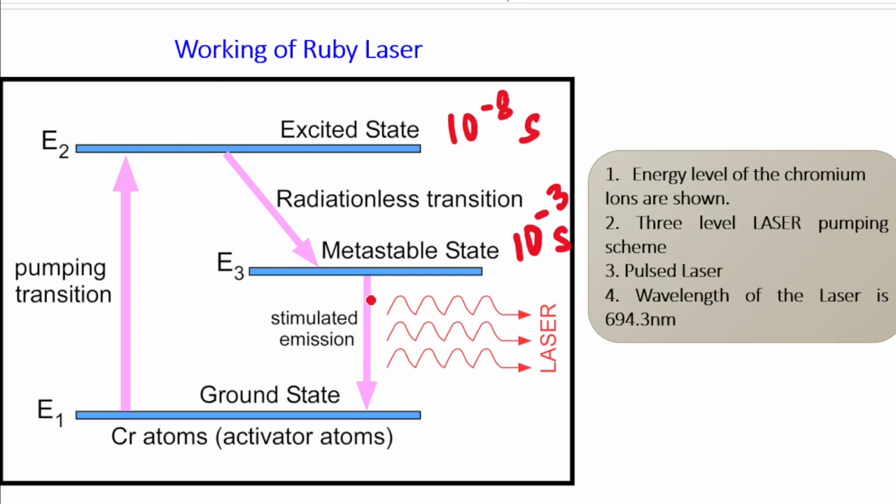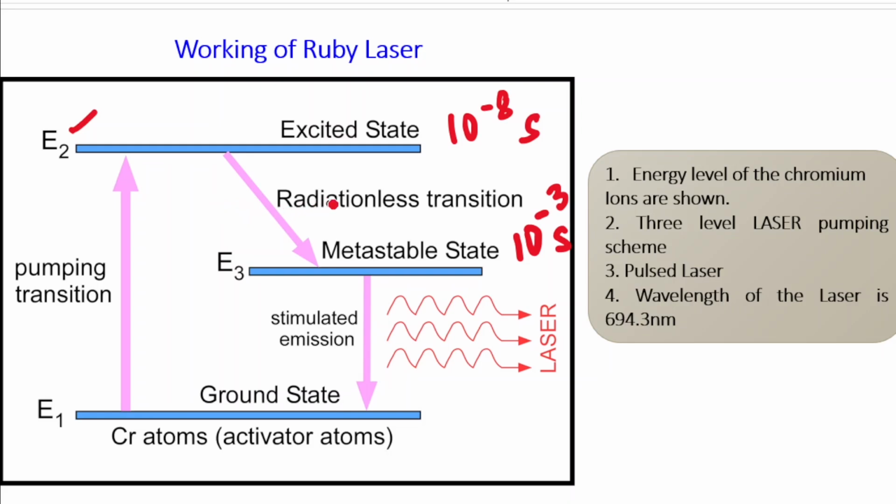Now, when a flash of light of wavelength around 550 nanometer falls upon the ruby rod for a very short period of time, around a millisecond, the chromium ion in its ground state can absorb a photon and makes a transition to the excited state E2.